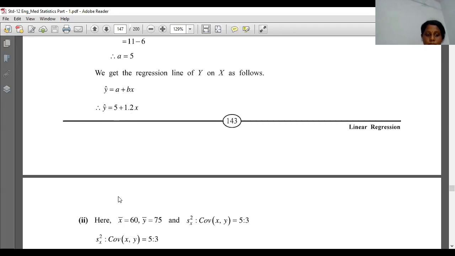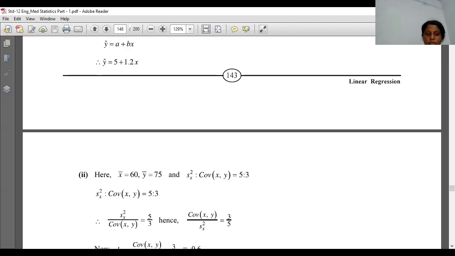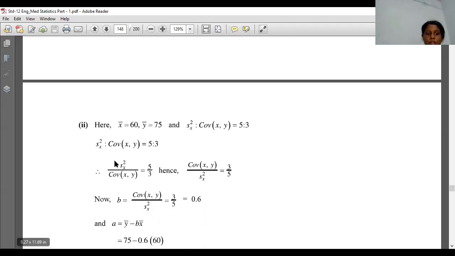Okay. Now see, in second one, x bar is 60, y bar is 75, and s square x is to covariance xy is 5 is to 3. So we will put the formula.